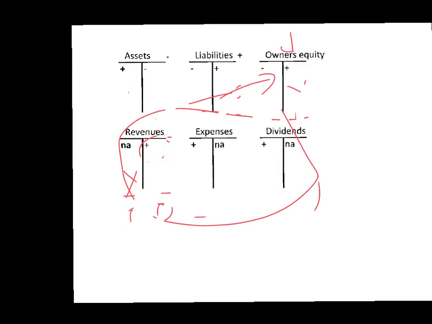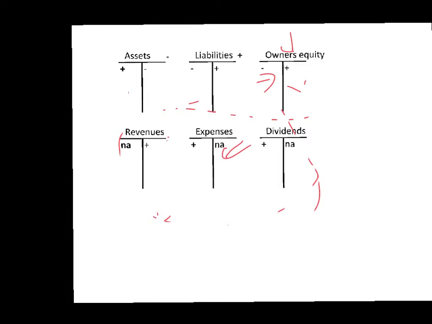All right, next one that we're going to do is we're going to close expenses. Look at the expenses. What's their normal balance? Their normal balance is a debit. Okay, so what I do for those to close them is I credit them. So basically my expenses have 0, so I've credited my expenses, and I've now debited an owner's equity account, and specifically income summary.